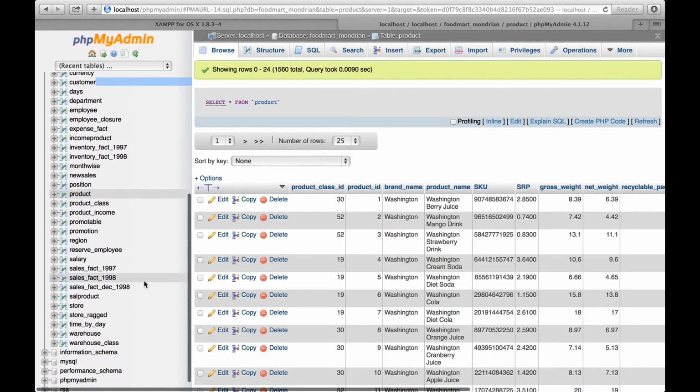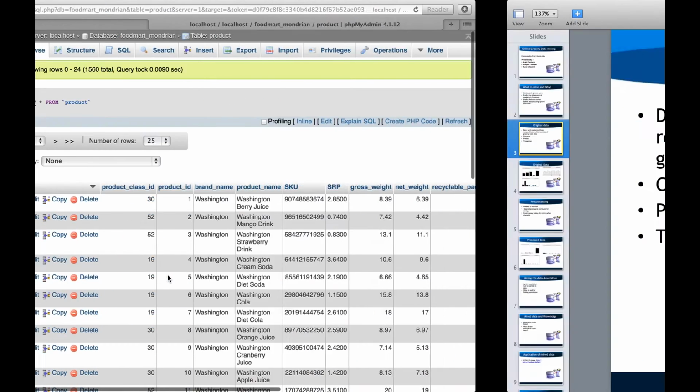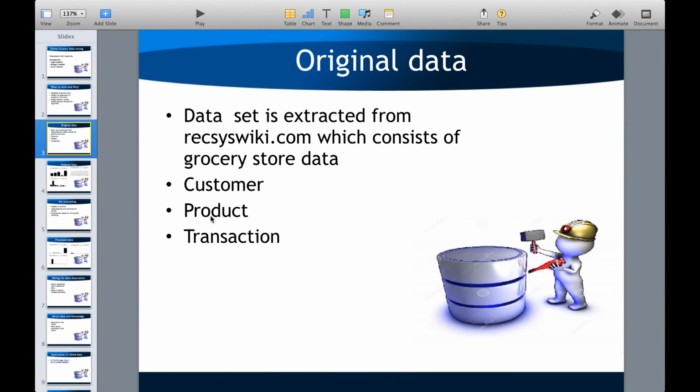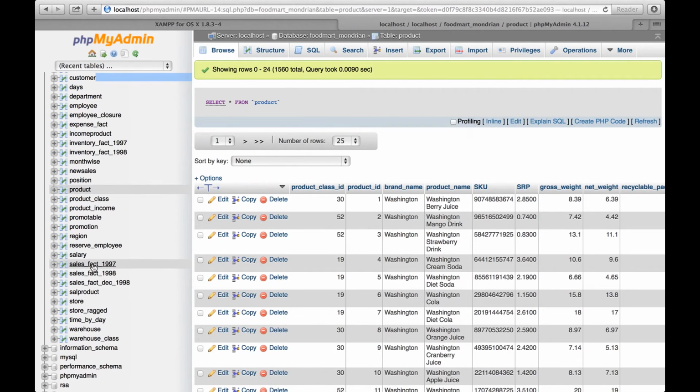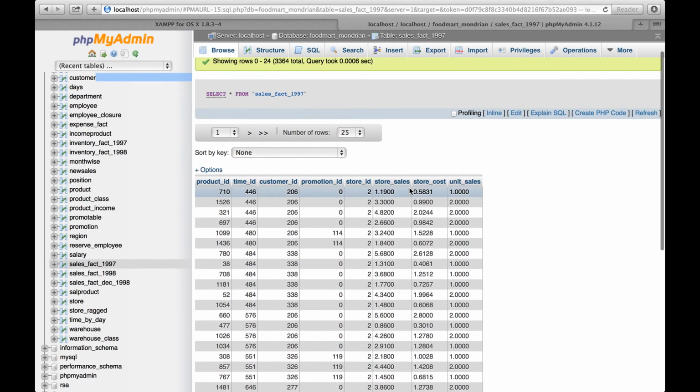This table has the product class ID, the product ID, brand name, and many other attributes. And finally, the transaction table, where we can bind both tables, so that it is much easier for us to do any query.